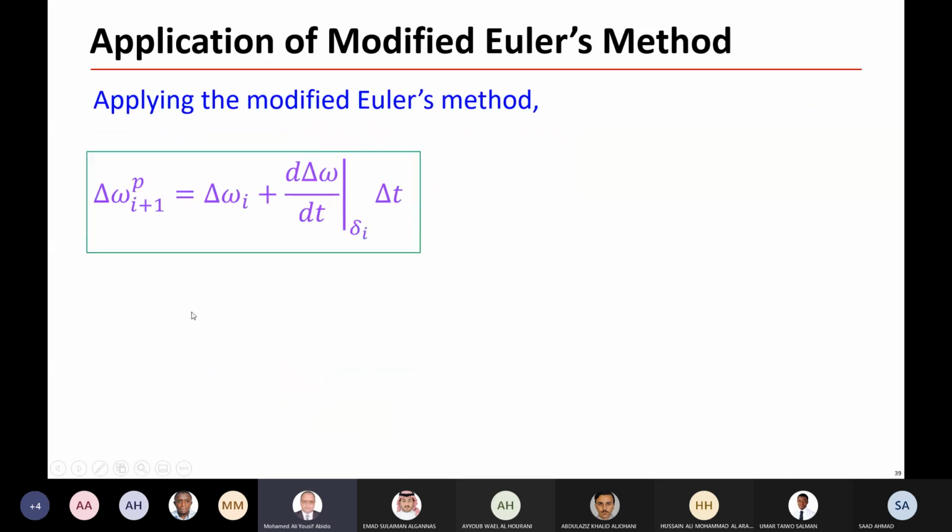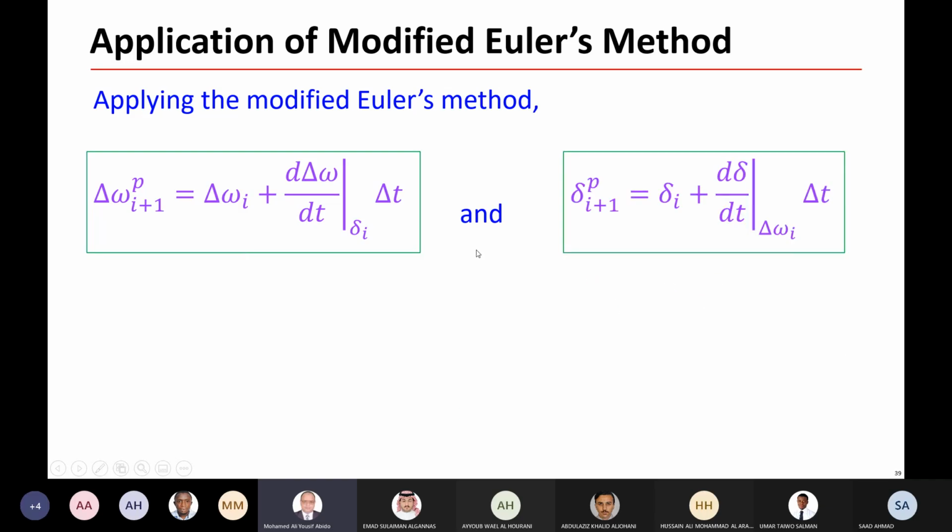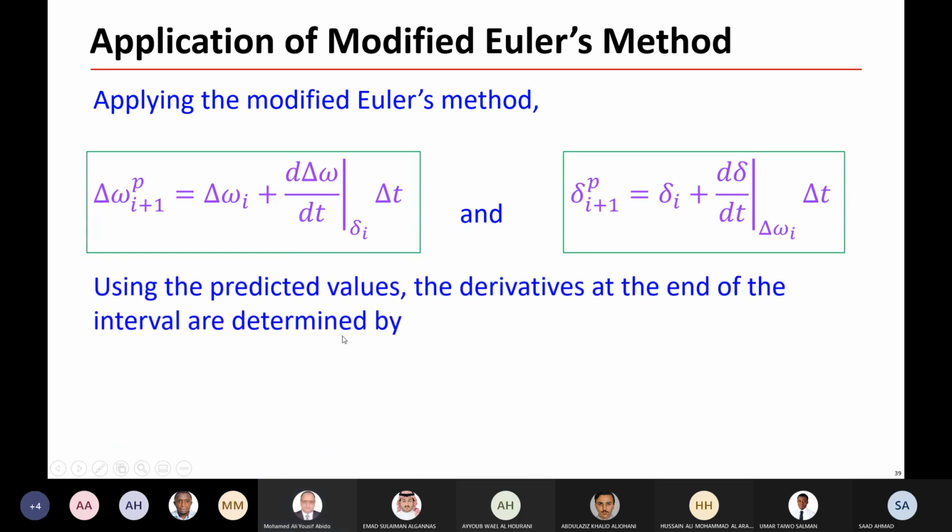Applying the modified Euler method, you can write the predicted value of delta omega equal to delta omega of i plus the slope calculated at i times delta t, and then you do the same for the predicted value of delta.